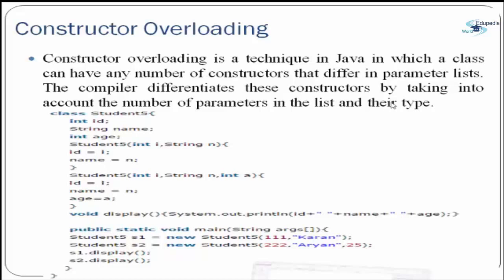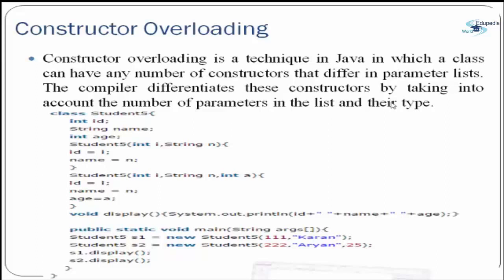Fine. After that, you can see we have created one more constructor. This constructor has three parameters, i, n and a, and with these values we are initializing ID, name and age. So we have a total of two constructors. One is to just initialize ID and name, and the other is to initialize the object with ID, name and age.